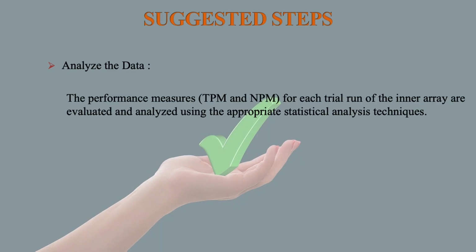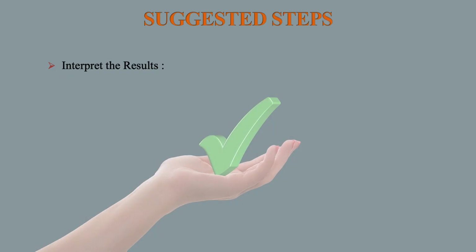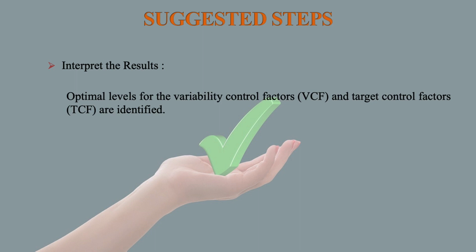The performance measures, TPM and NPM, for each trial run of the inner array are evaluated and analyzed using the appropriate statistical analysis techniques. Then interpret the results. Optimal levels for the variability control factors and target control factors are identified.